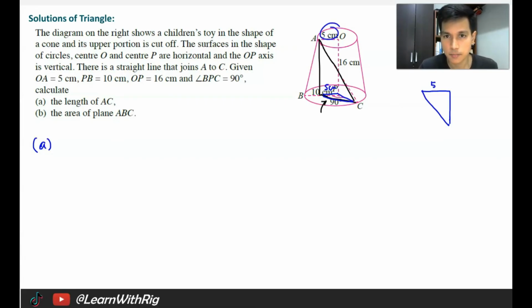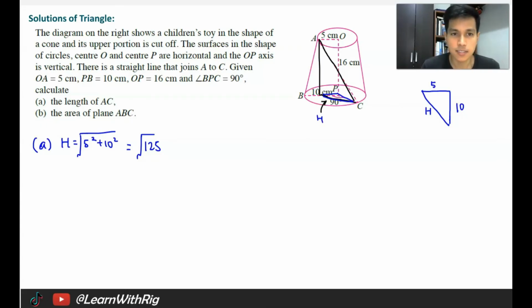And the other side should be the radius, correct? So radius is 10. So now you can find the hypotenuse. So h equals square root of 5 square plus 10 square. Your answer should be square root 125. So square root 125 is the h value.